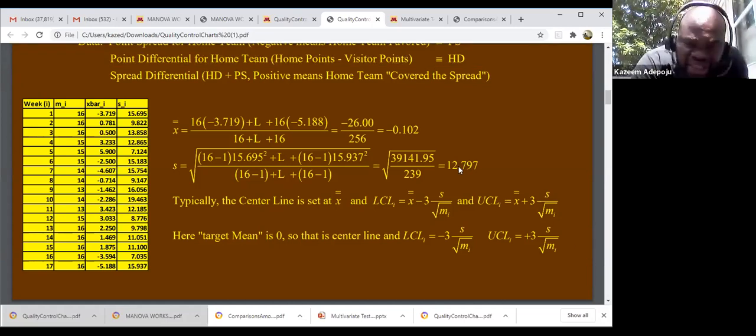Now that I have my center line, I can compute my lower control limit and my upper control limit.